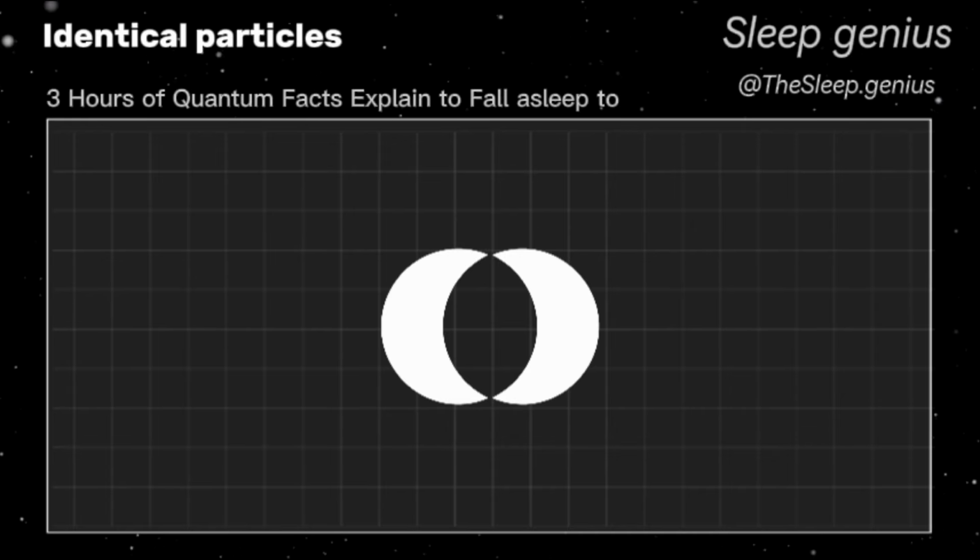No matter how closely one examines them, no label, no mark, no hidden trait can set one apart from another. Their existence challenges the notion of identity itself, forcing us to reconsider what it means for something to be the same as another.